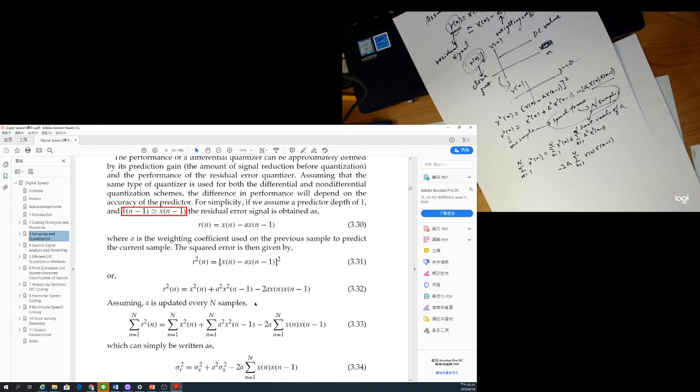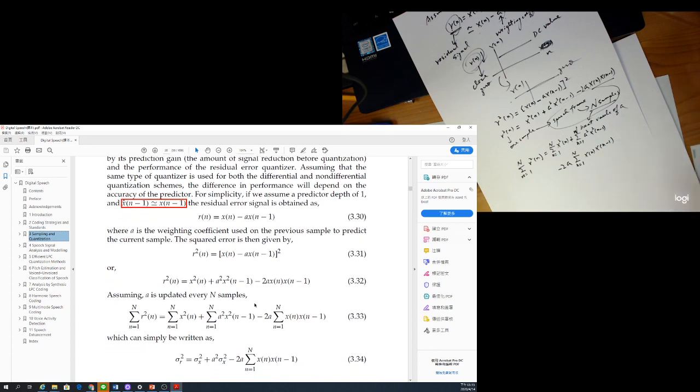Later on, they try to simplify the equation. This is our residual signal variance, really like calculating the residual signal energy. This one looks like our signal energy.